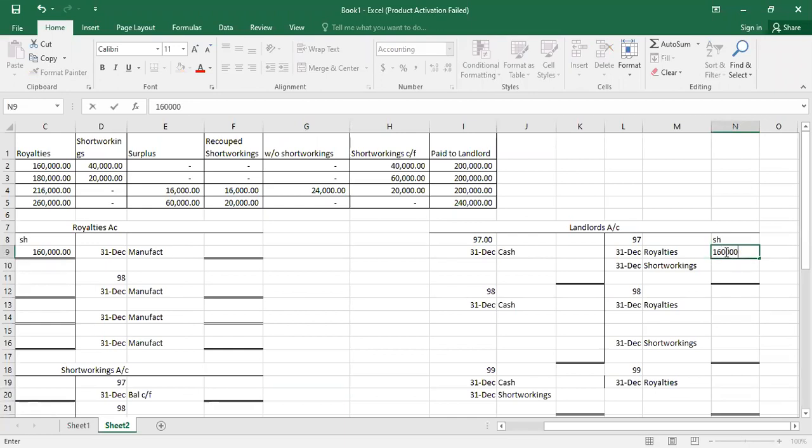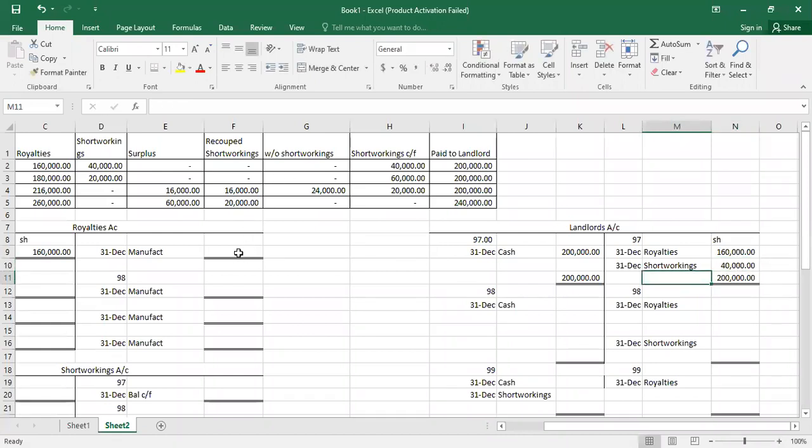So we need to close that book. We are supposed to pay the minimum of 200,000. So we are closing our books at 200,000. So our short workings here is 40,000.